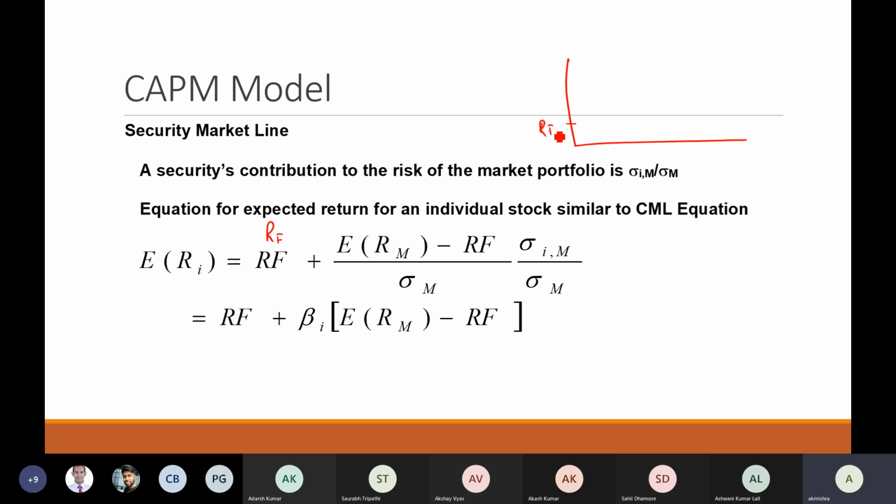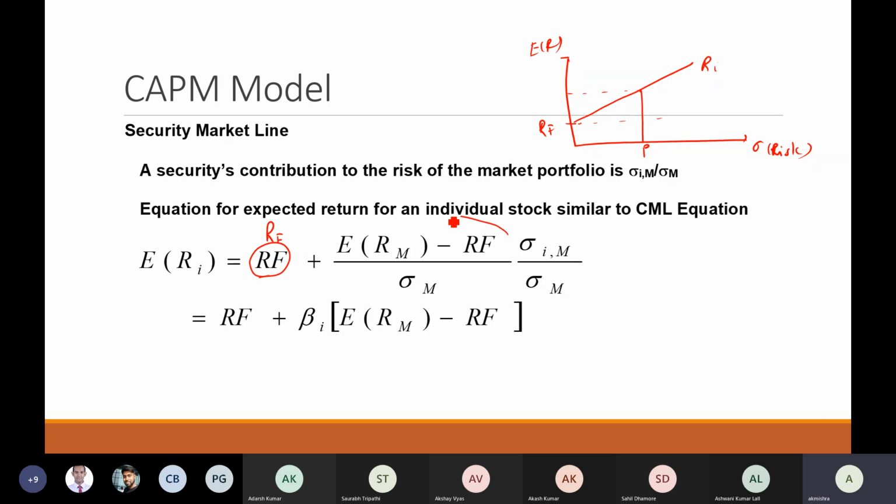So you will have RF here, expected return or return on this line. Here you have sigma, basically your risk component. So any point P, let's say for security I, we are representing this line for some security I. So expected return is basically a linear function of the risk-free rate.